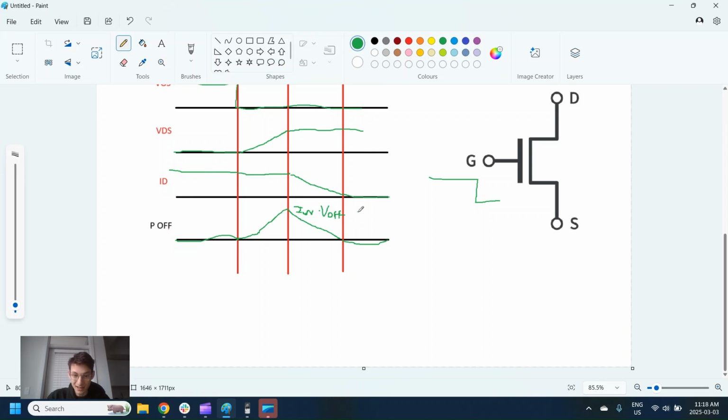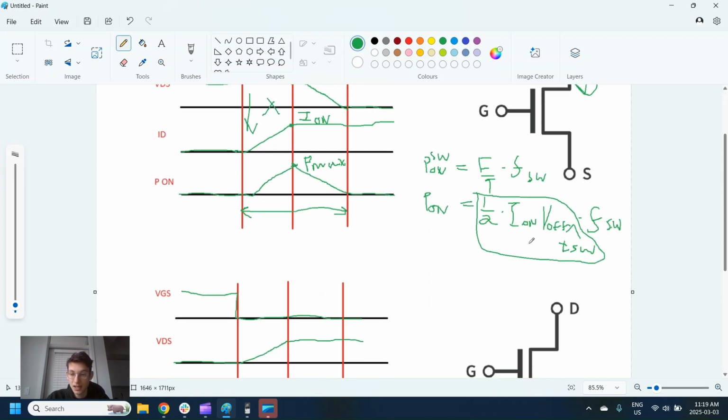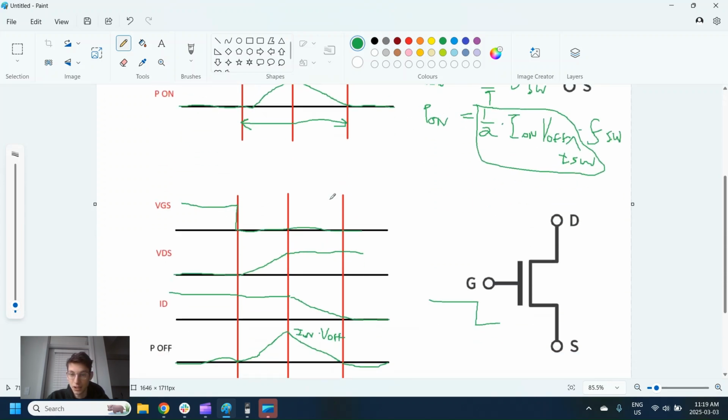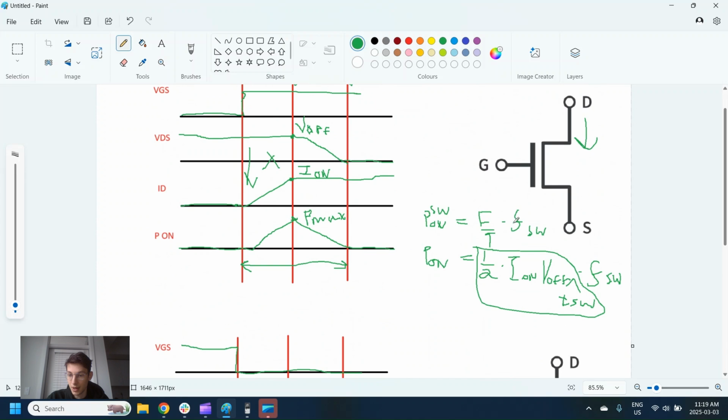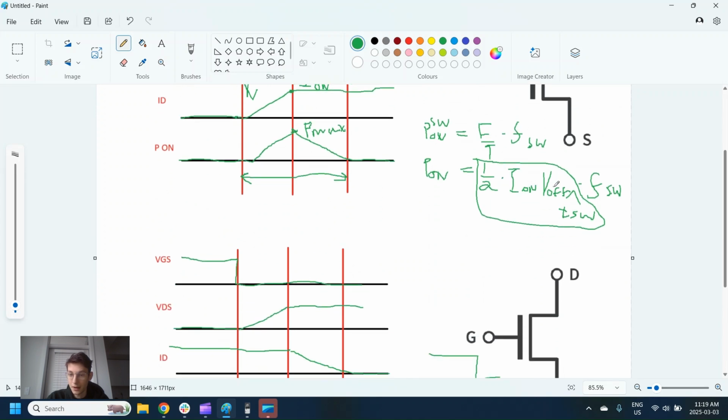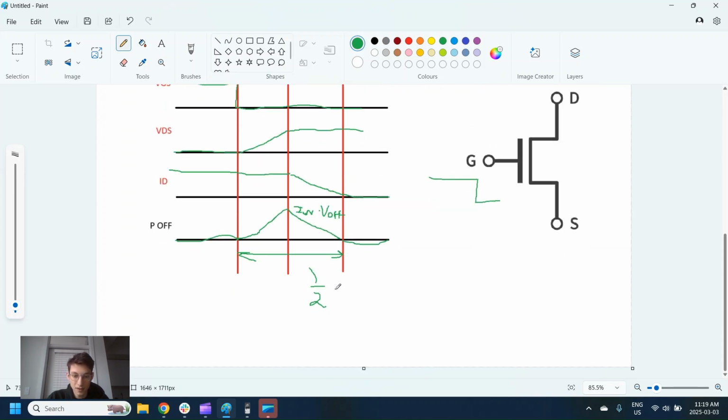The physics of this, again, is not super important, but this is kind of where the formula comes from. We have the same sort of thing here where we're looking at the energy times the switching frequency. The area under the curve is going to be the exact same as long as this time is the same, which it is, or we can approximate it to be about the same. So we have 1/2 times I on times V off.